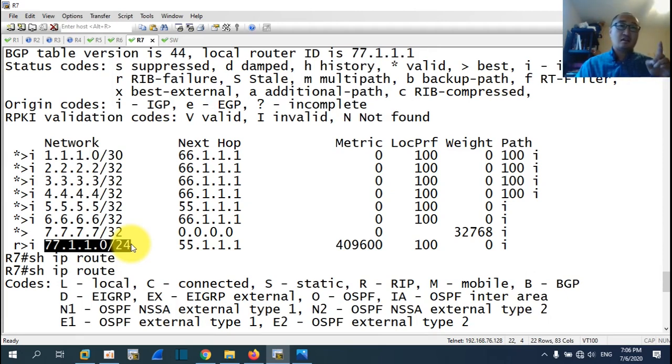But even this route, when it's inside the BGP, it doesn't mean it will win over others. You know what I mean? Because the BGP administrative distance, AD, is 200.